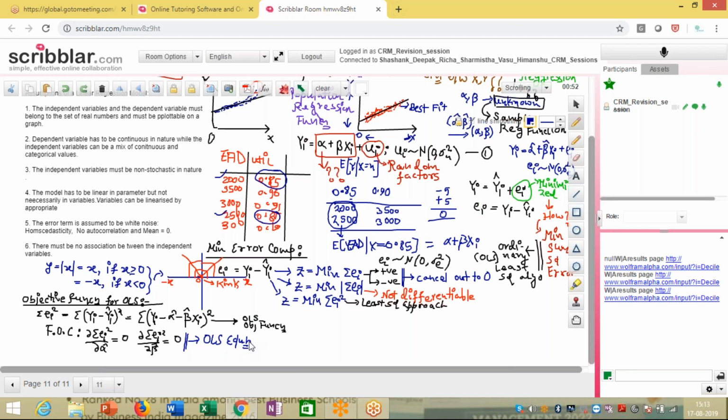Now, solving these two equations would give me the point where the function minimizes, right? And then the second order condition will tell me whether that point is a minimum or a maximum. So what should be the second order condition? The second order condition should be that delta square summation e square over delta alpha hat square should be greater than 0.